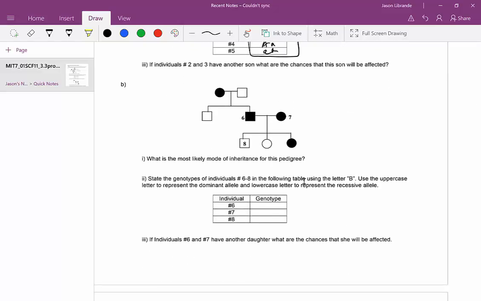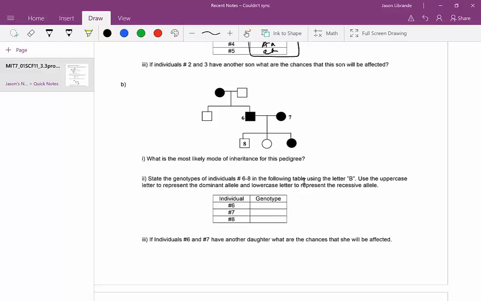Okay, so part B of question 1. So again, this disease shows up in each generation. Here, it looks like it might be skewed towards females, but we do have an affected male. So for this, I would probably say it's going to be autosomal dominant.